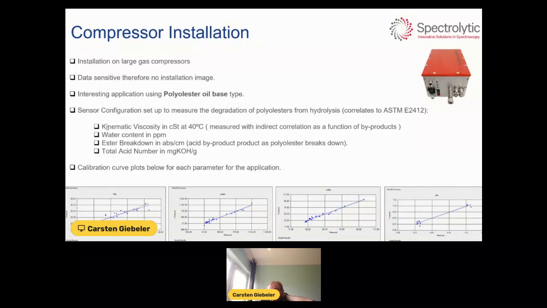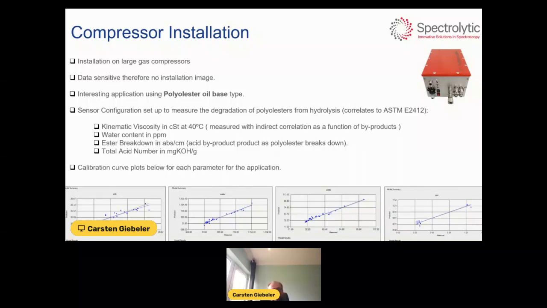The parameters that we detect are the viscosity, water, ester breakdown, and the total acid number. And you can see for water, ester breakdown, and the acid number, we have an R square of larger than 0.95, which is pretty accurate, considering that 1 is the maximum you can achieve. For the viscosity, we are a little bit lower, which is 0.85.